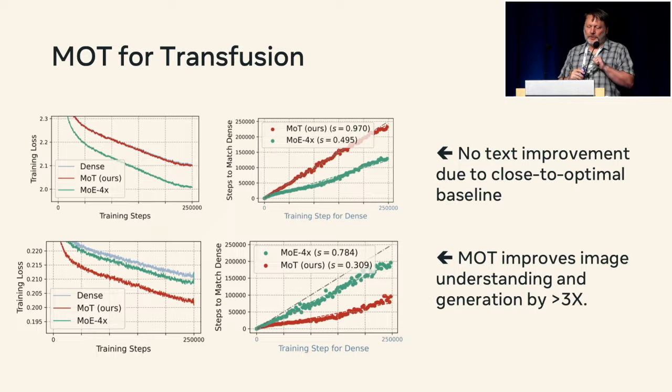Looking a little bit more closely here, this is training steps. This is sort of trying to match dense performance. This is just the training loss, for an image and text only setup. So when we look at this case, the text matches the close to optimal text baseline, but actually the images get a huge gain from doing this.